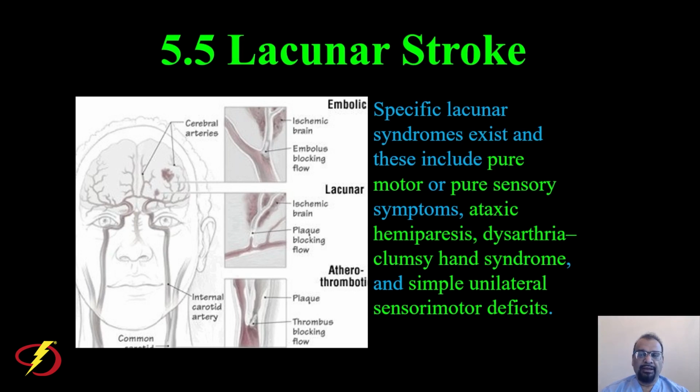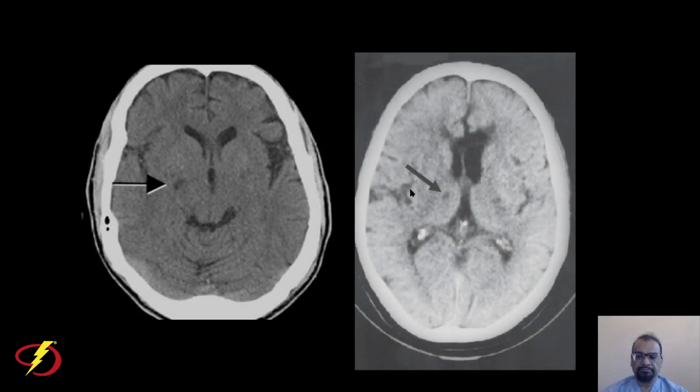So a form of small vessel disease stroke is lacunar stroke, okay? A lacunar stroke means it's a small stroke caused by small vessel disease, but there are multiple different types of lacunar stroke. Now, these are covered in the book. I'm not going to describe all of them, but what I want you to understand and think about when you look at lacunar strokes, I want you to remember pure motor lacunar strokes, and I'll explain why in a minute.